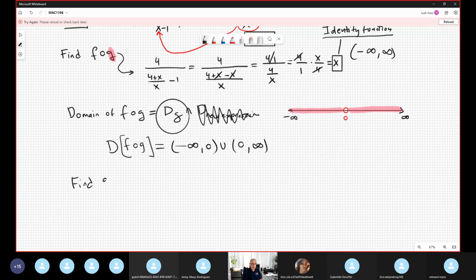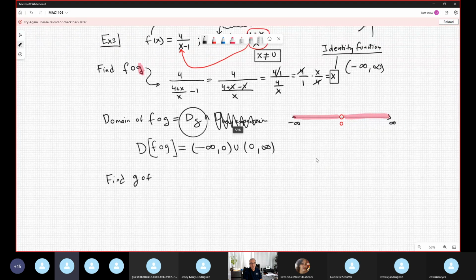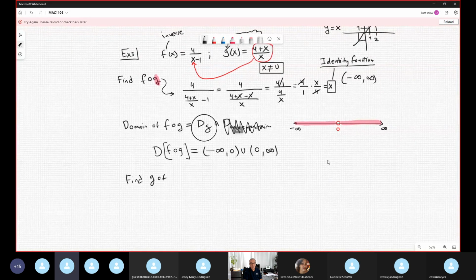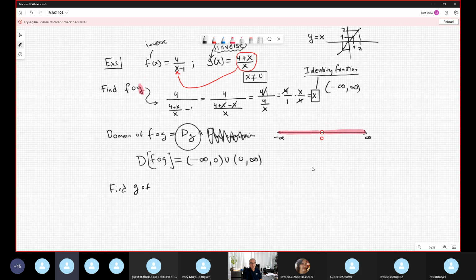Now, out of curiosity, let's do it backward. Find the decomposition, g composition f. Oh, I switched the order. I know very well that no, it's different. I copy again now. f of x is equal to 4 over x minus 1; g is 4 plus x divided by x.